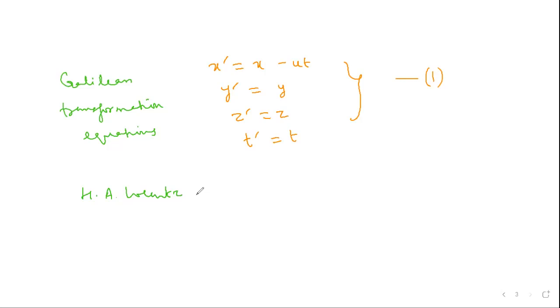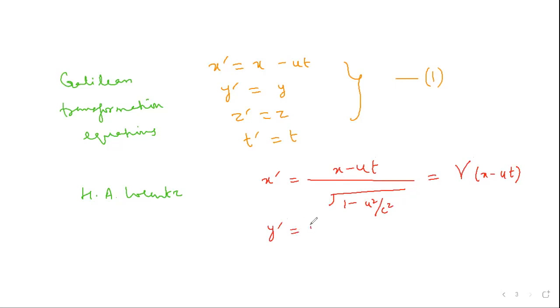The Lorentz transformation equations are, let me use another color, x prime is equal to x minus ut over square root of 1 minus u square by c square, which is equal to gamma times x minus ut.